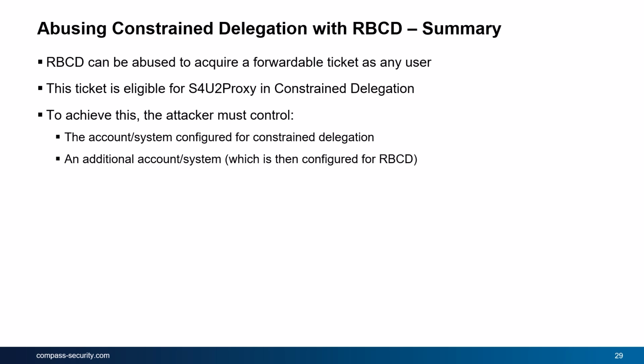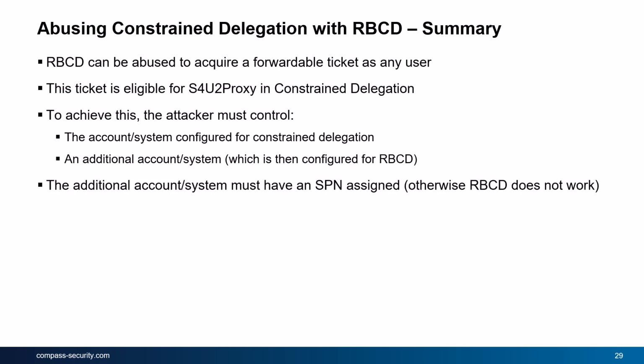Now, there are some additional requirements for this account. Specifically, this additional account must have an SPN assigned. The reason for that is that the resource-based constrained delegation mechanism will not work on an account that doesn't have an SPN, since in resource-based constrained delegation, we issue an S4U2Self request. So we request a ticket for ourselves, and this only works if there is an SPN available.